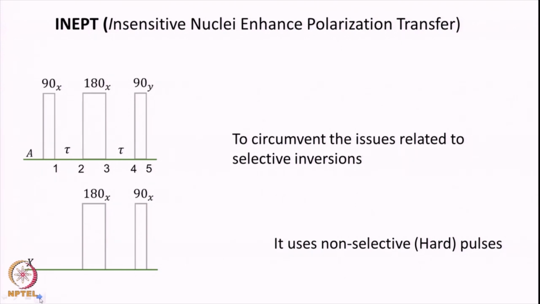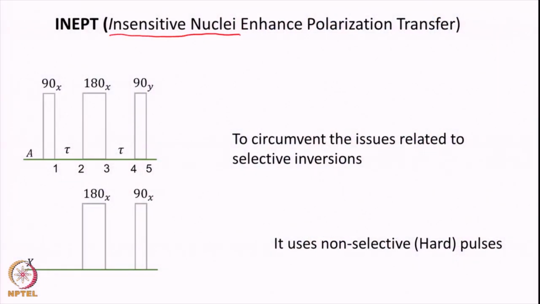What does INEPT mean? Insensitive nuclei enhancement by polarization transfer. Let me explain each of these terms one by one. Insensitive nuclei: insensitive means low gamma nuclei. What do we mean by low gamma? Generally, proton has a high gamma; low gamma is where population levels are not too far apart. Carbon 13, nitrogen 15, phosphorus and many other nuclei are low gamma nuclei, and they are essentially insensitive nuclei.